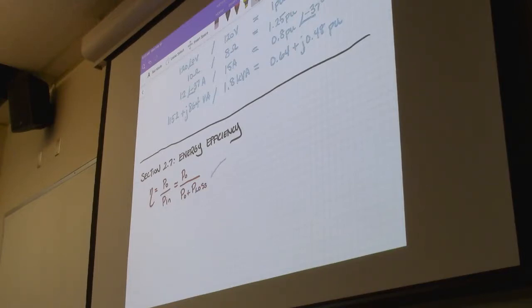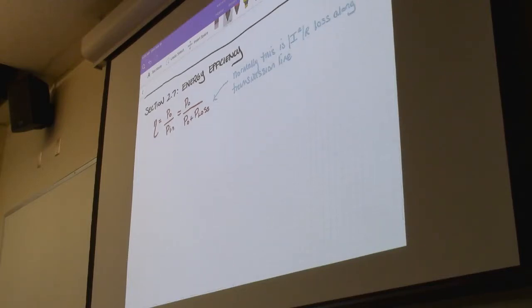In many cases, unless it's otherwise described to you, the power loss is the I squared R loss along the line. That's it for that section. Not much to say.